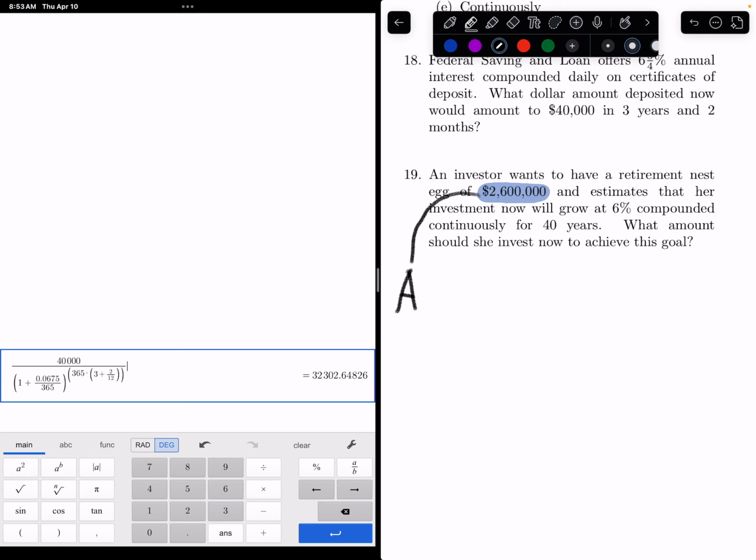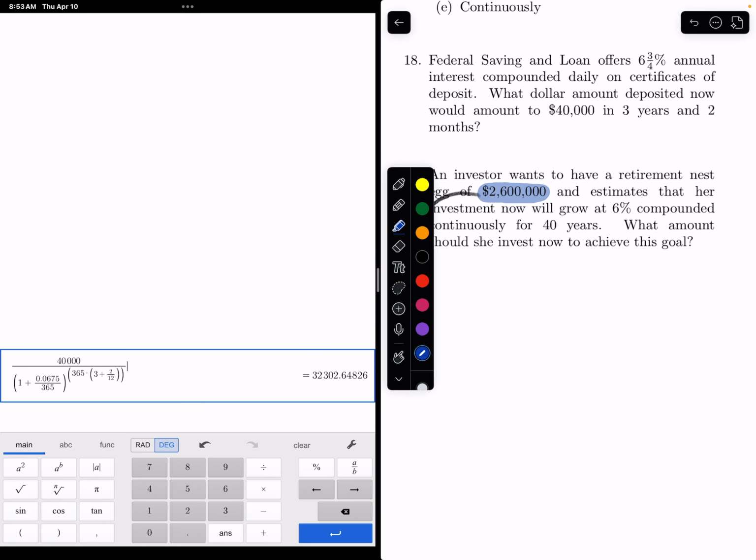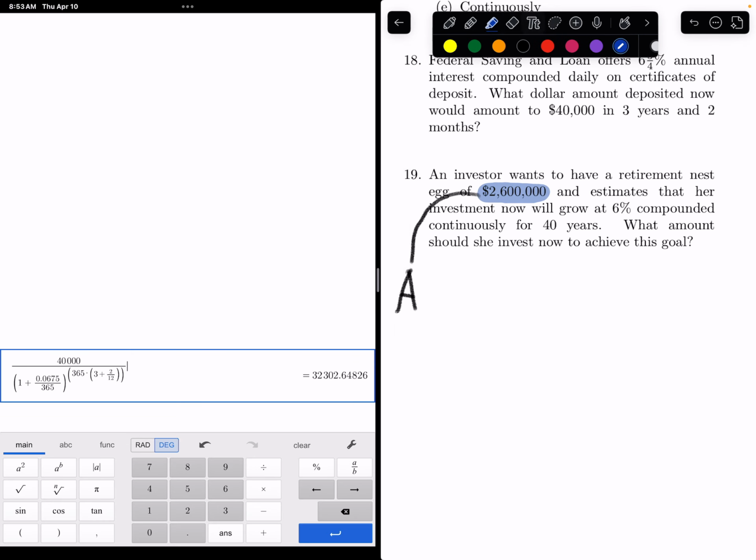Estimates her investments will grow at 6%. So 6%, that means that is her R, right? R is 0.06. Compounded continuously. Okay, continuously means we're going to use that continuous compound interest formula. And for 40 years means your T is equal to 40.